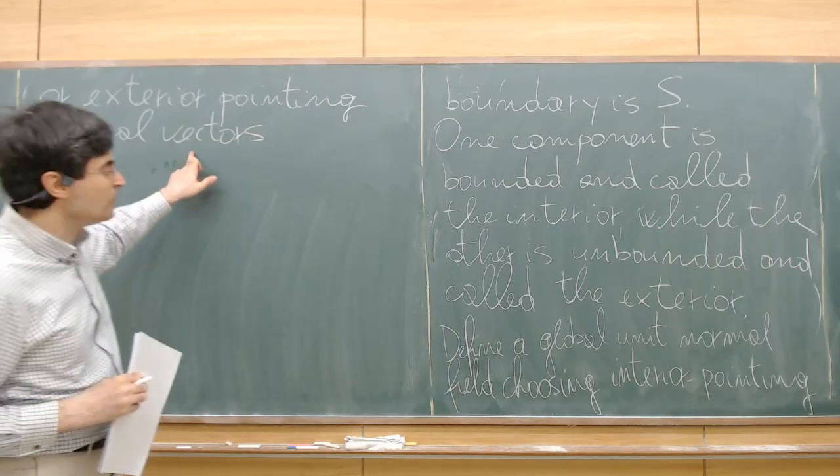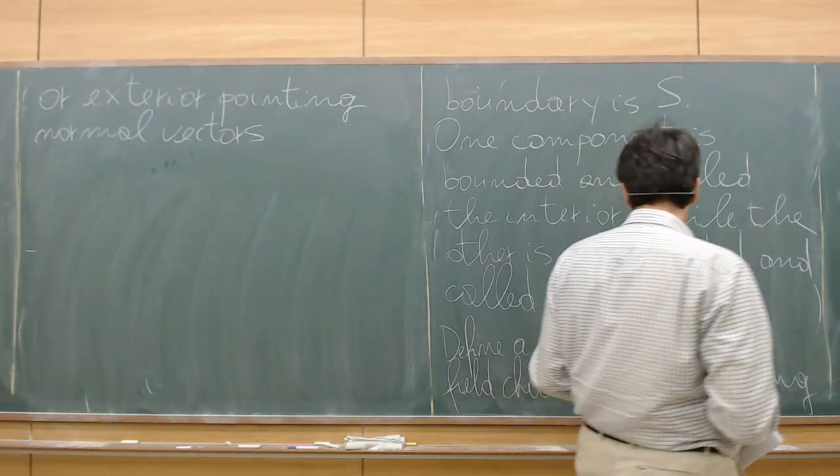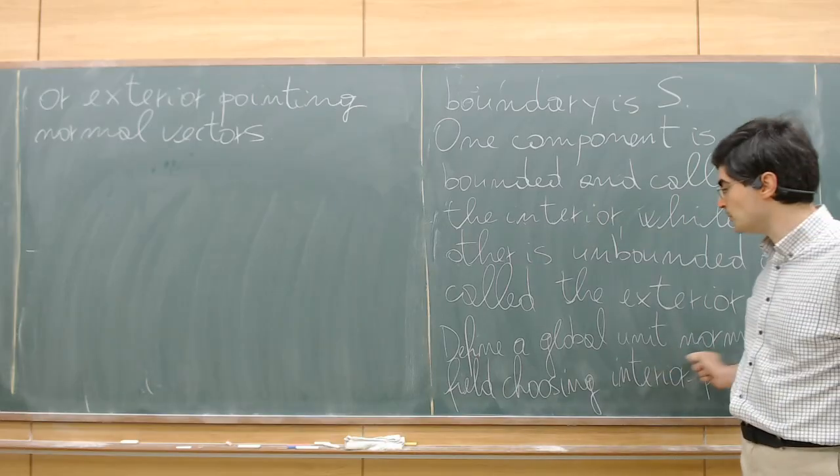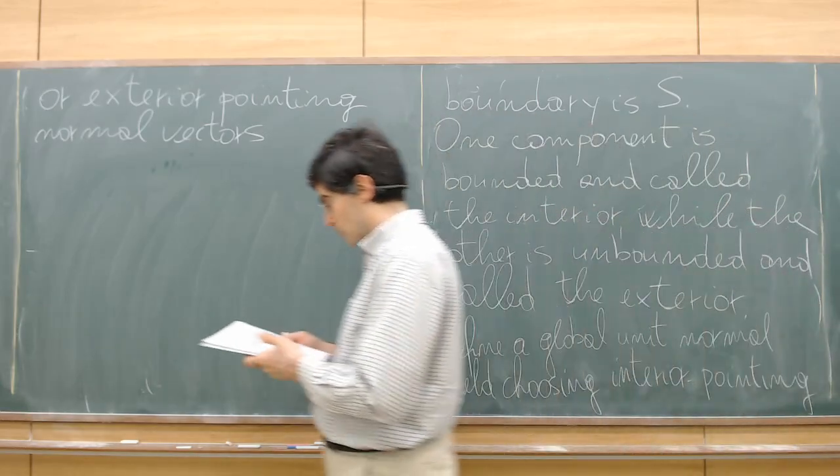So here we have also that there are two possible choices for the unit normal field on the surface.